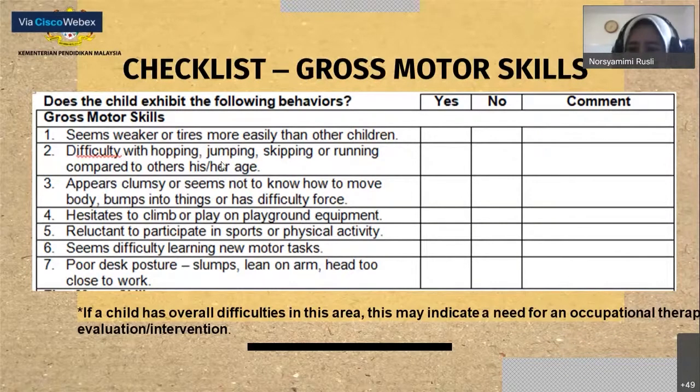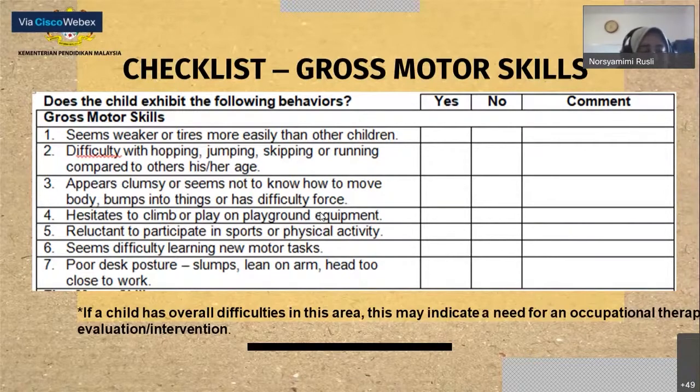Number 2 is difficulty with hopping, jumping, skipping, or running compared to others. Appears clumsy and always bumps into things. Or has difficulty with force, which means difficulty in controlling force when writing or holding a pencil, always breaking pencils when writing. Number 4, hesitates to climb or play on playground equipment, which I think a teacher just shared about just now.